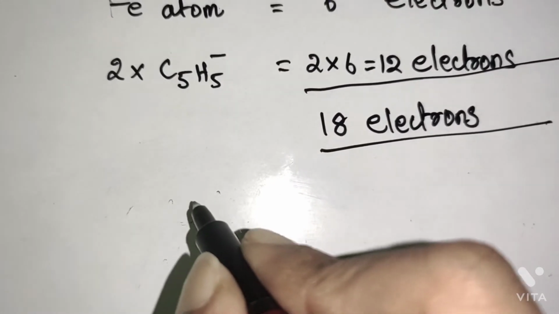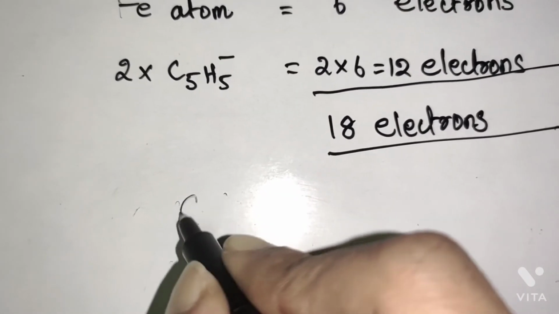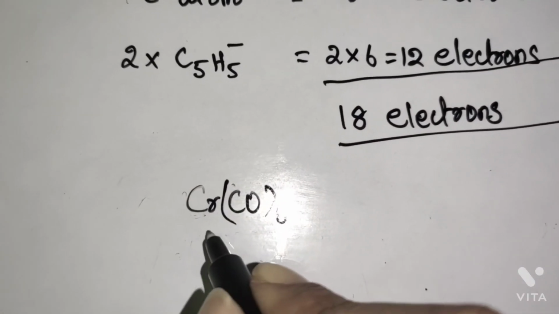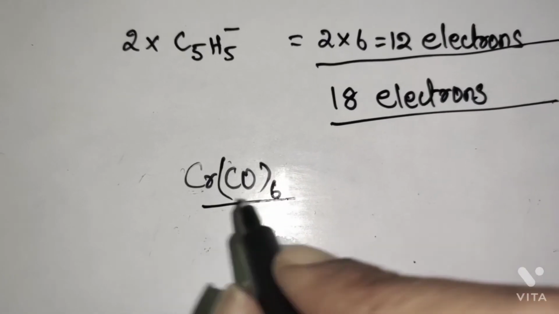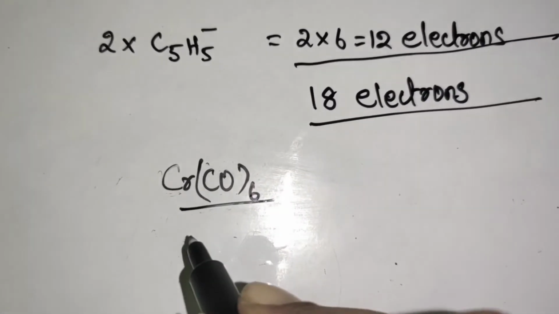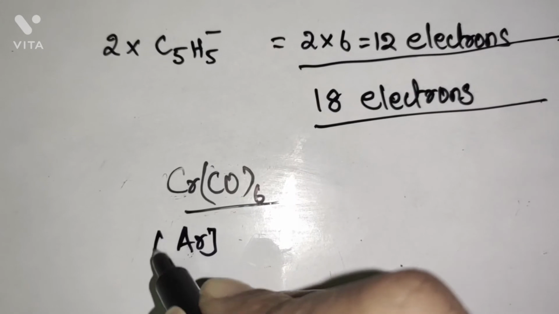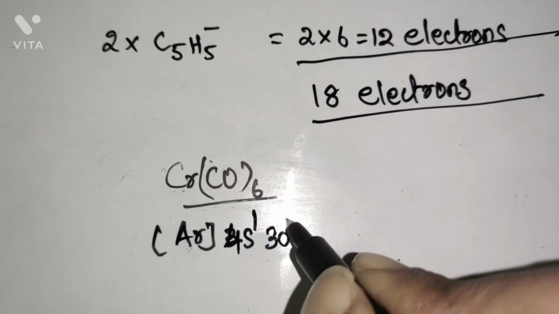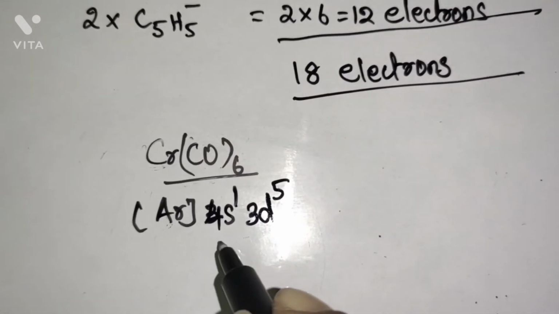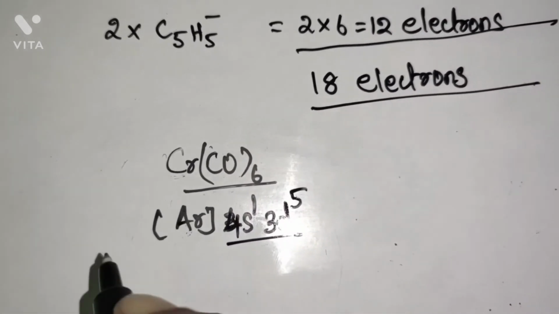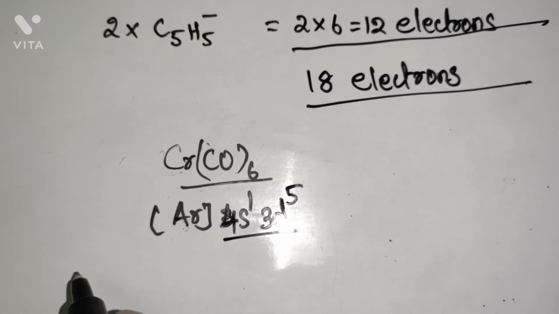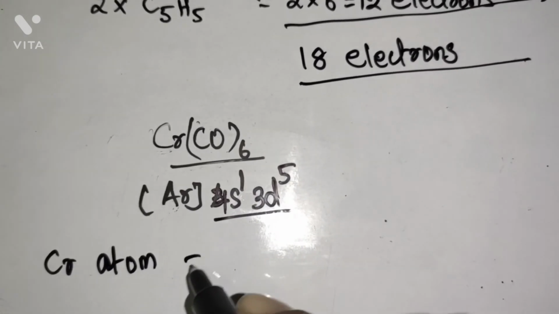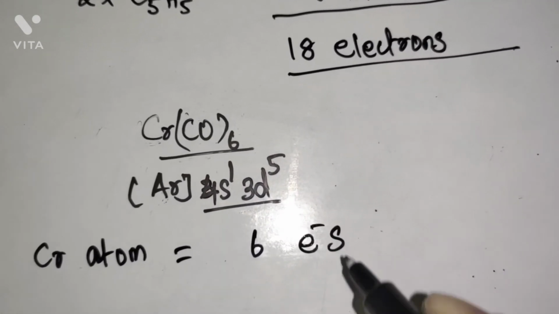Next compound, hexacarbonyl chromium, Cr(CO)6. The electronic configuration of chromium is argon 4s1 3d5. So 6 electrons are present in chromium. Therefore, the chromium atom has 6 electrons.